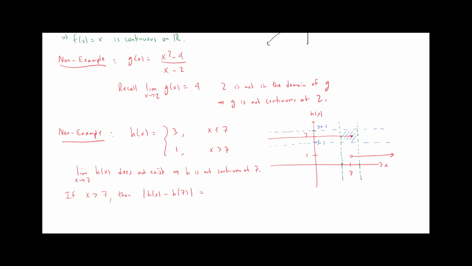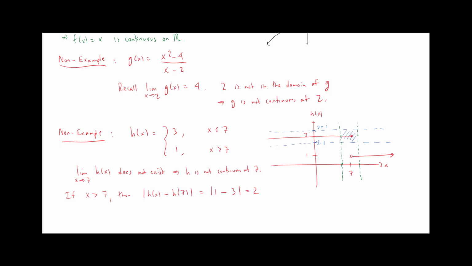Well, when x is greater than 7, then I know that the value of h of x is going to be 1. And h of 7 is equal to 3. This difference is negative 2. You take the absolute value, and this is 2. So this tells me that for all x greater than 7, the difference between h of x and h of 7 is equal to 2.